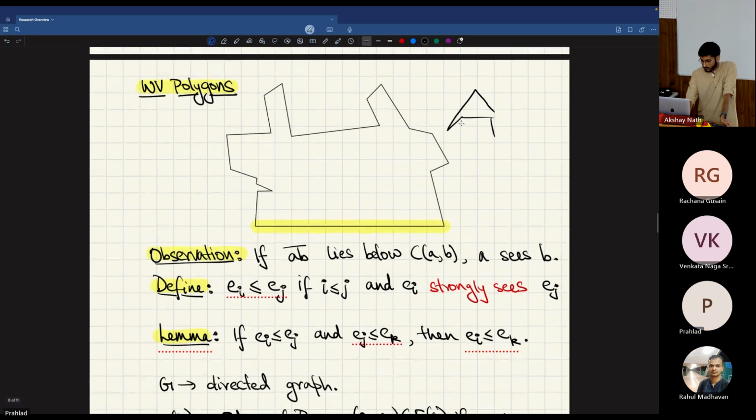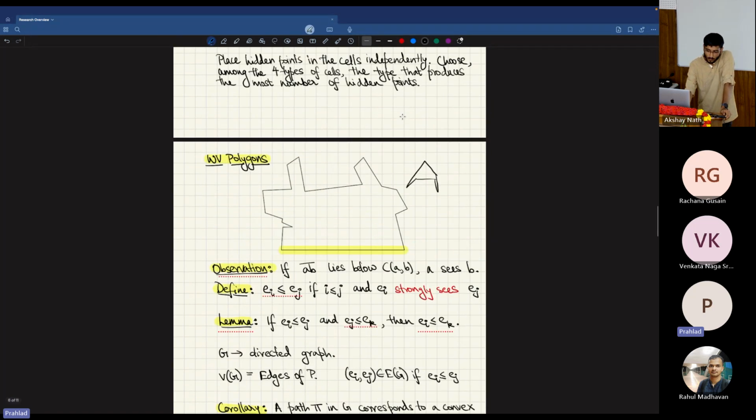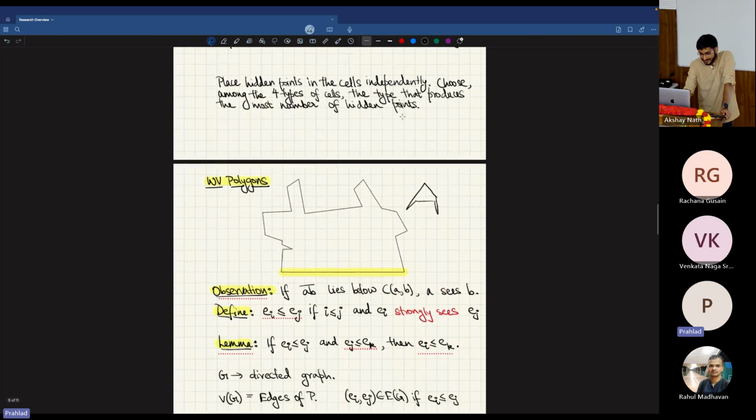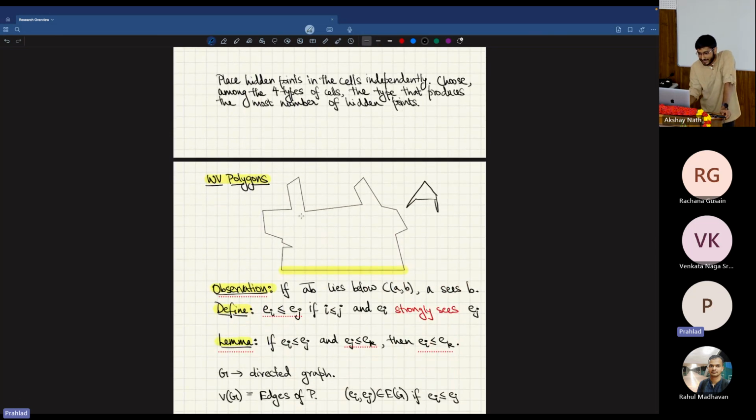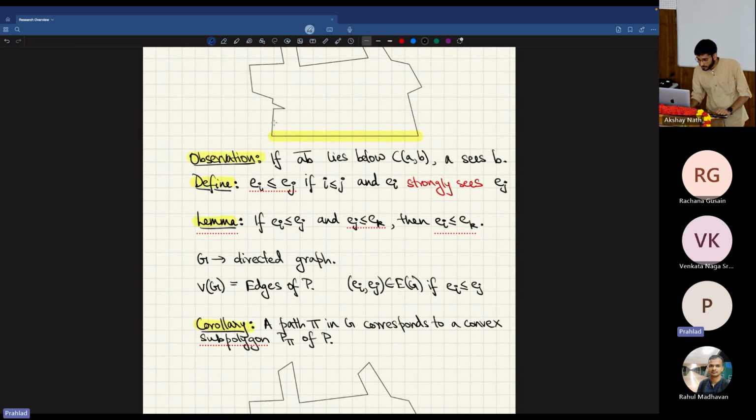Technically, this is still weakly visible from this edge, but one more good thing about this link distance map is that it doesn't give us polygons like this. It only gives us polygons where it's convex on the ends, so we only consider those kinds. So we don't really care about this thing. I just mean that these two angles are convex.